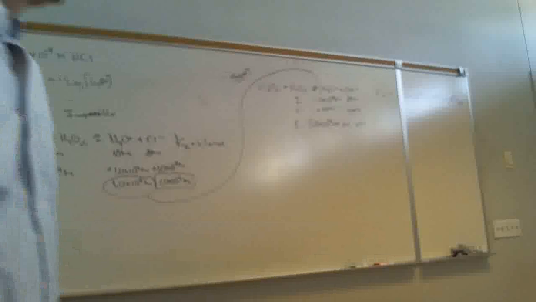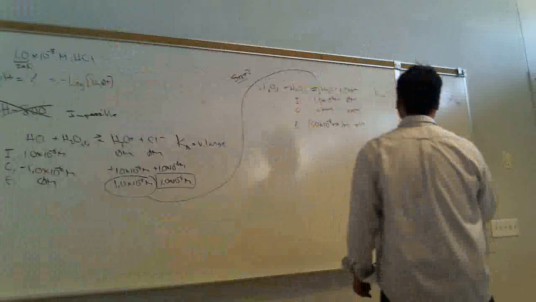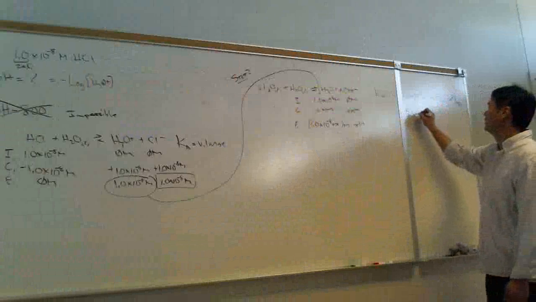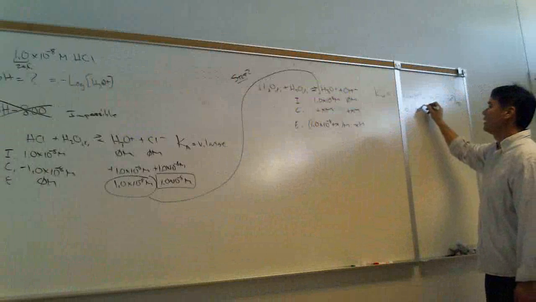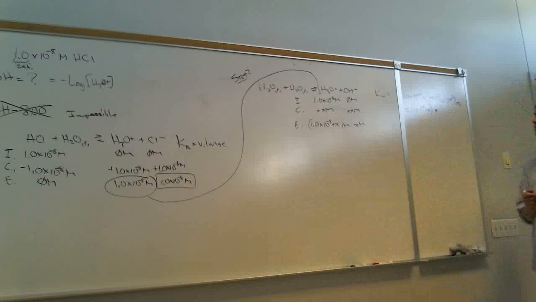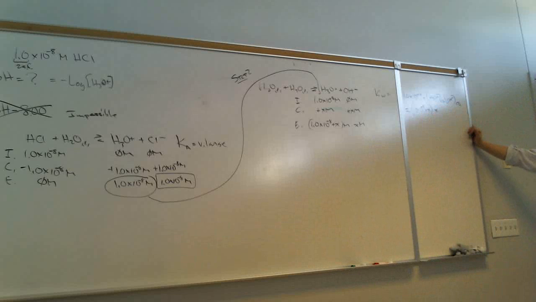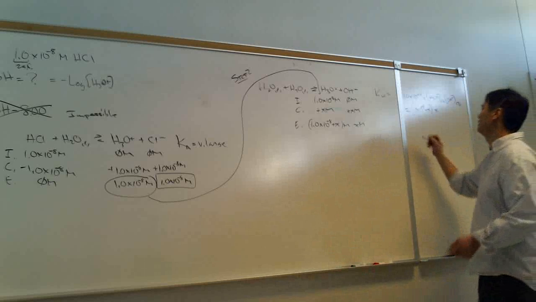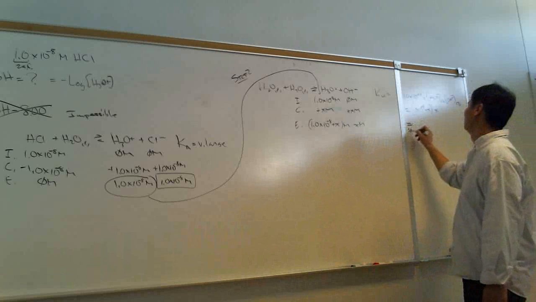Plugging in the numbers, this is going to equal 1.0 times 10 to the minus 8 plus X, times X. This is a great candidate for the simplifying assumption, SA.